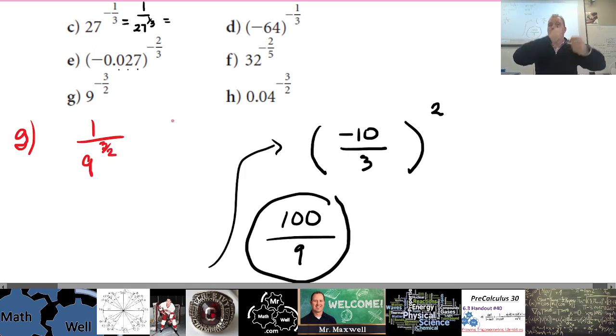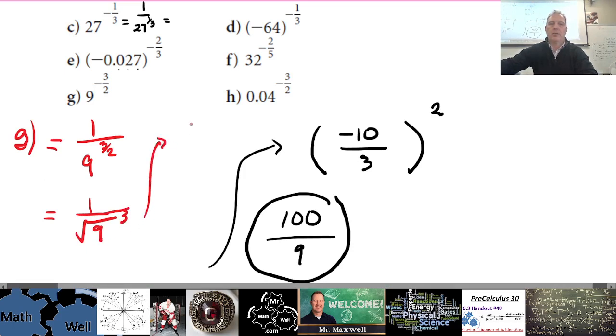Just flip the actual number, not the exponent. So this is equal to 1 over square root 9 all cubed, which is 1 over, what's the square root of 9? 3 cubed. 1 over 27.